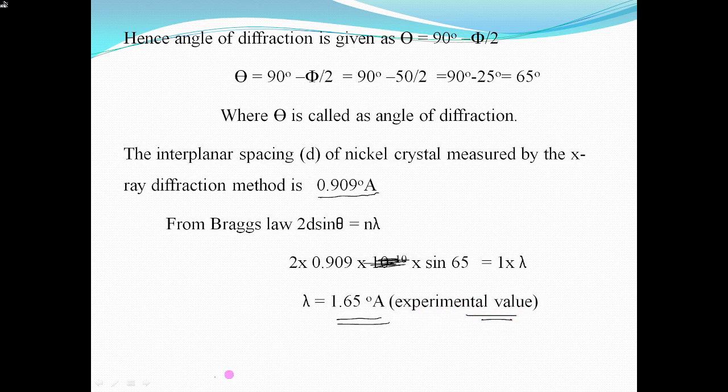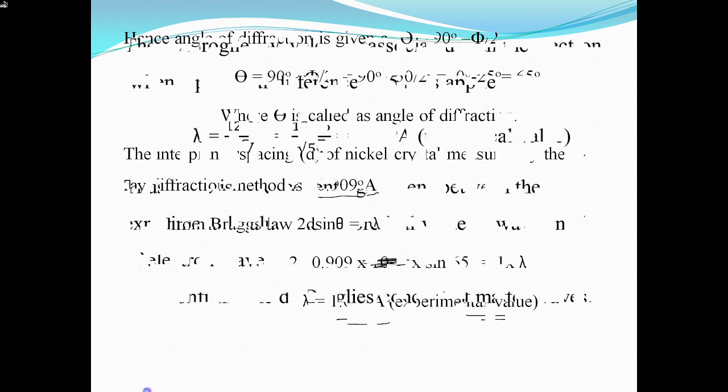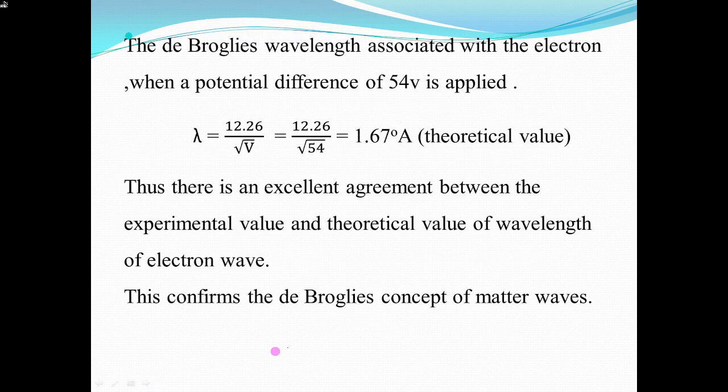Now this experimental value should match the theoretical value. De Broglie has given an expression for the theoretical wavelength for electrons: lambda is equal to 12.26 by root V. The potential difference we have taken is 54 volts, at which the maximum diffraction occurred.